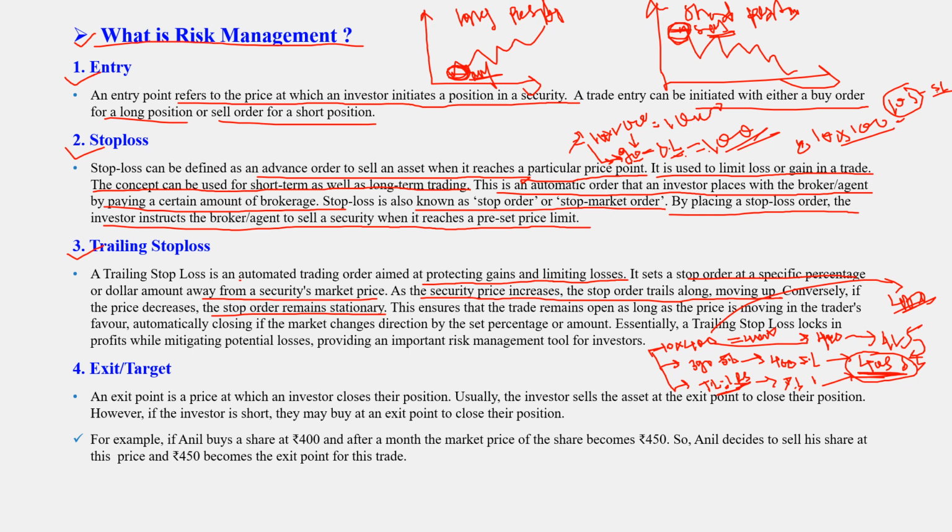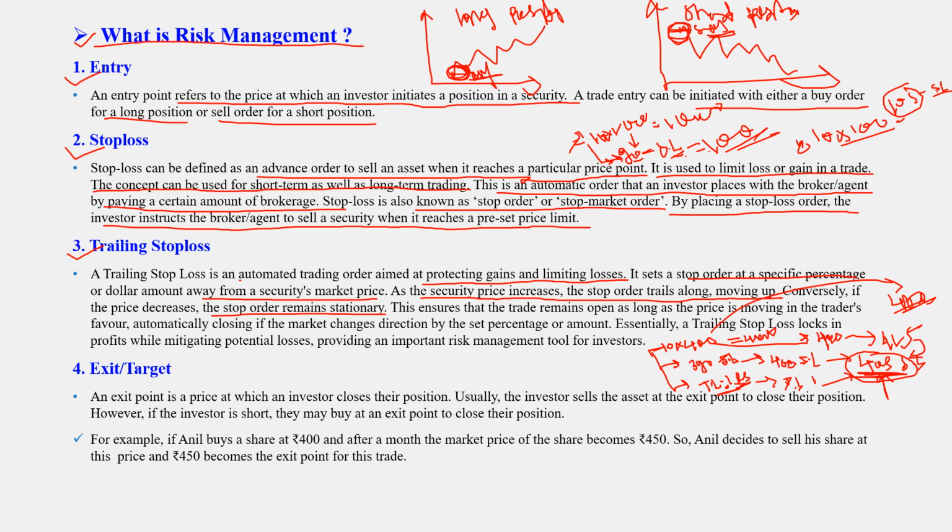After that, sometime the market goes down, down, down, and reaches 405. At that time, this stop loss order will exit automatically at 405, right?